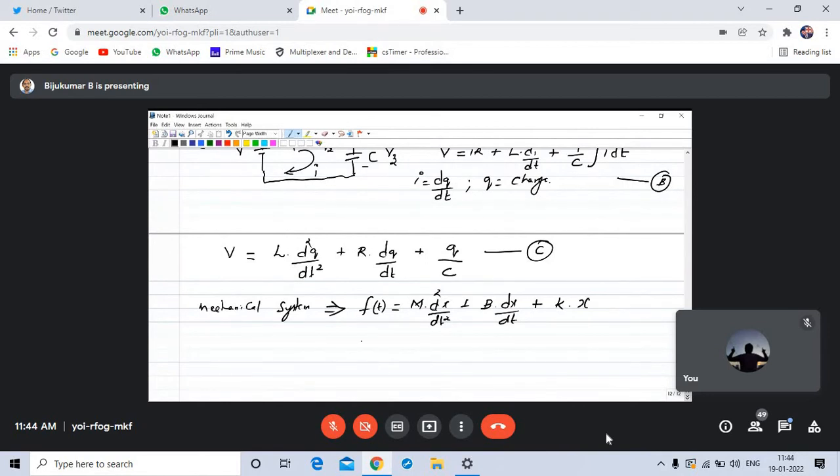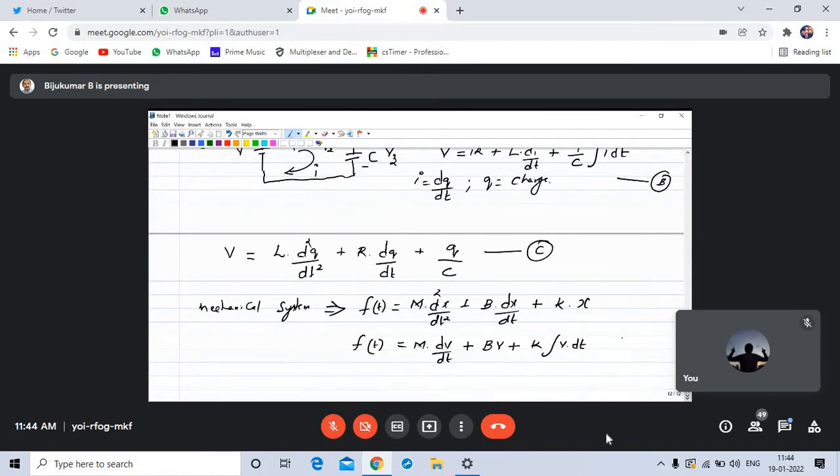So in terms of velocity, how can we modify this equation? M into dv by dt, where small v is the velocity, plus b v plus k, we can write this integral v dt, right?